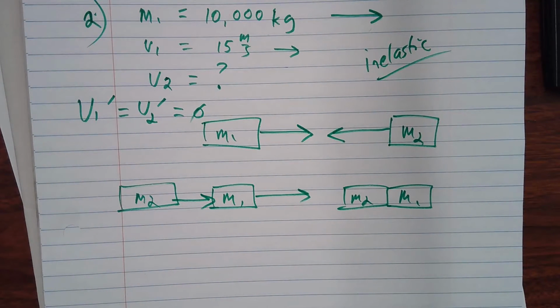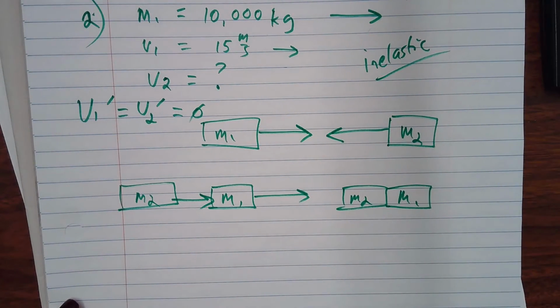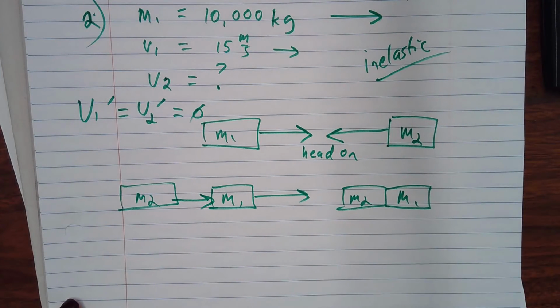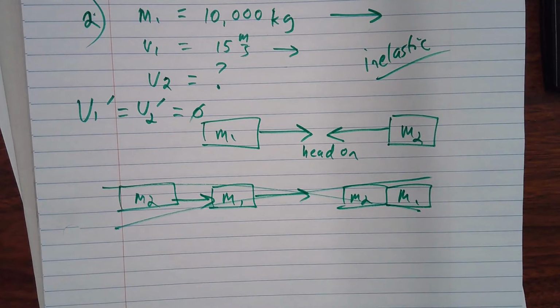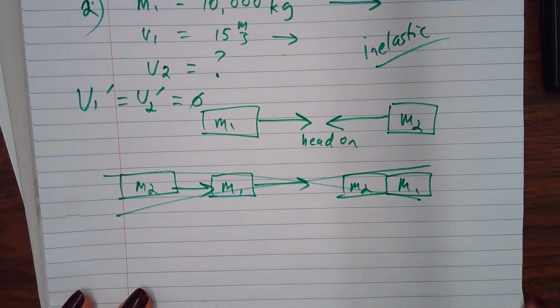That makes sense? So it has to be coming from the opposite direction. So here will be called a head-on collision. It can't be this situation here because they will just move to the right more. Okay, so we know it's going to be a head-on collision.